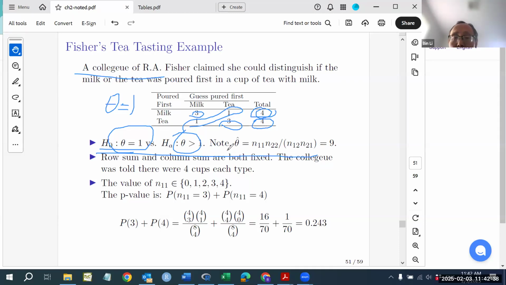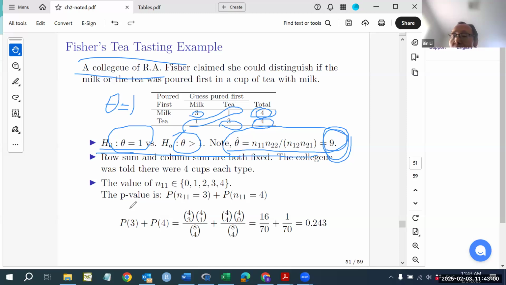The estimate of the odds ratio is the diagonal product divided by the off-diagonal product, so 3 times 3 divided by 1 times 1. That's 9. Whether this is significant or not, we can test using Fisher's exact test.